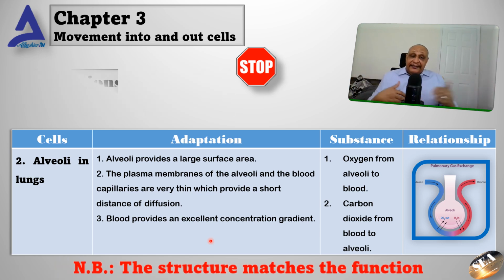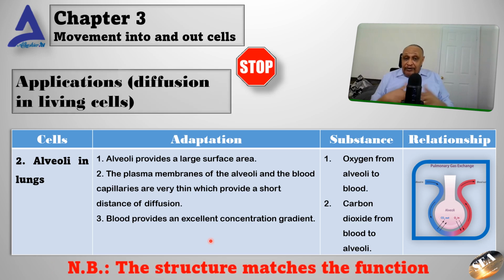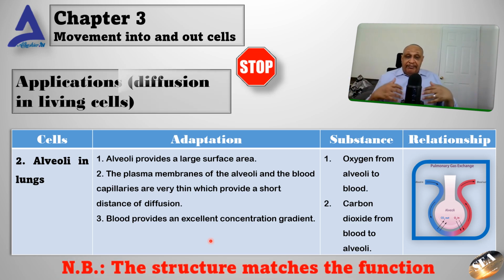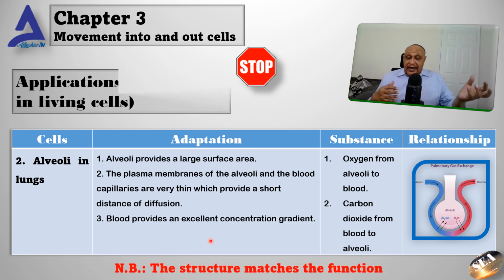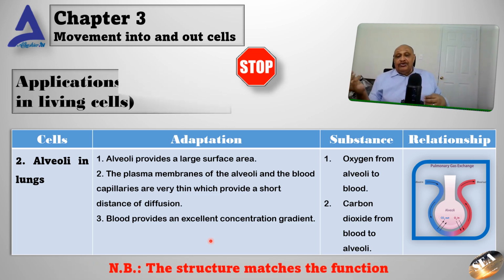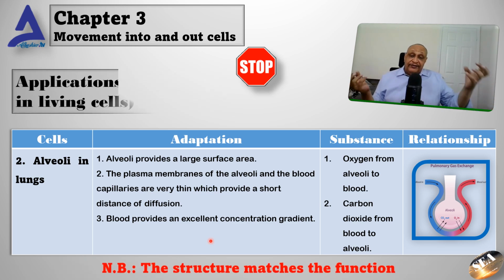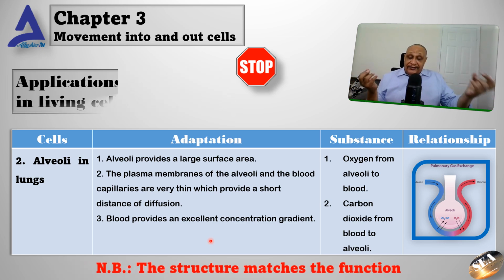The second thing is the concentration gradient made by the blood, and this time the difference is high because the blood is high in CO2, which is carbon dioxide, and the lungs have less CO2.